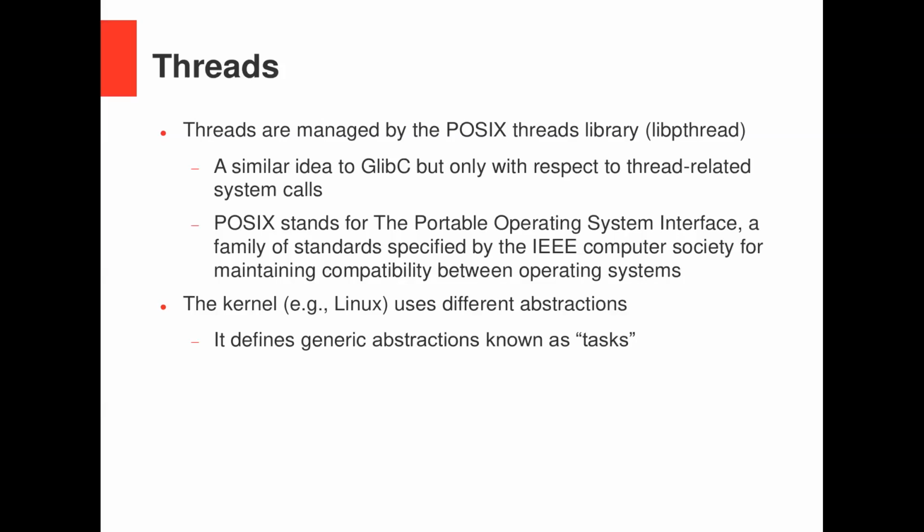So if you have multiple threads, you can execute one thread on one core and another thread on a different core, or you may be able to execute them on the same core. It doesn't really matter, you can be time sharing the same core. So it's something that effectively runs in parallel or concurrently with another thread.